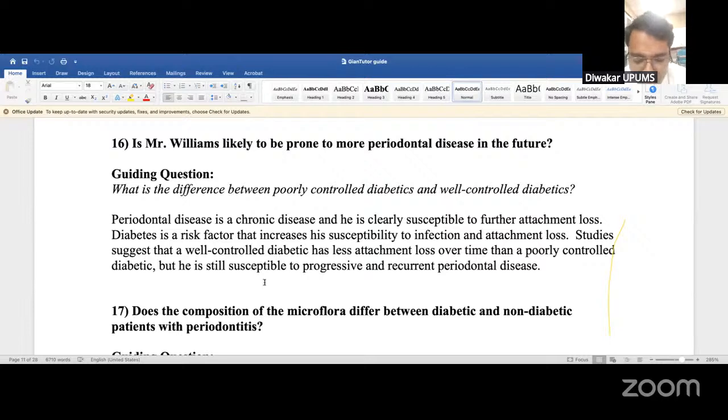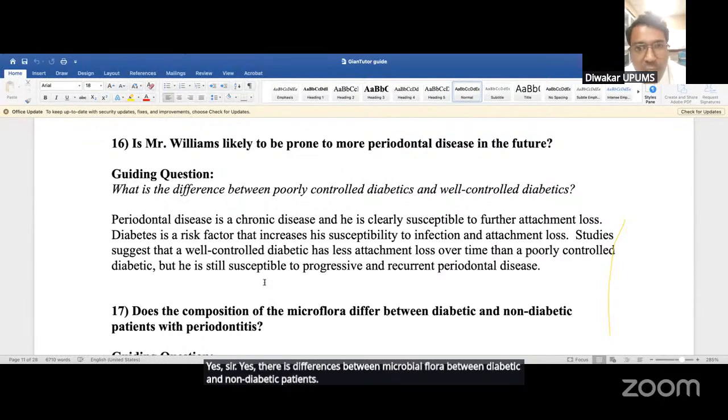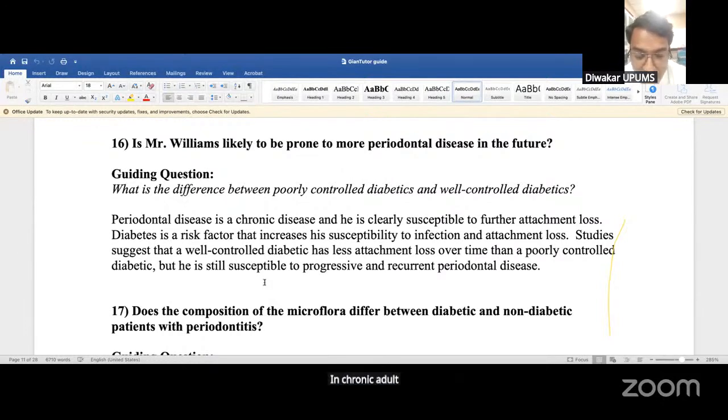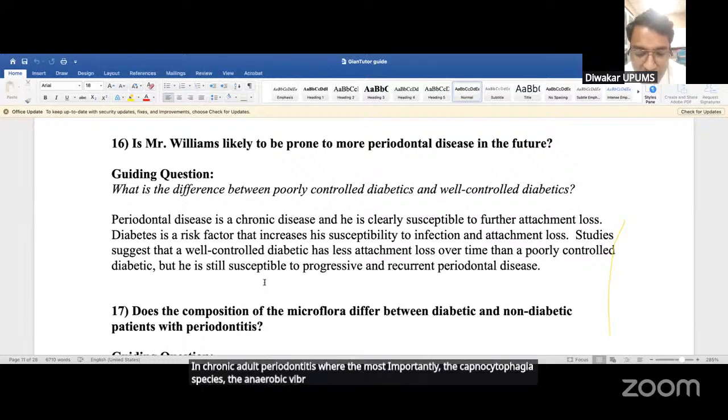Yes, there are differences between microbial flora in diabetic and non-diabetic patients with chronic adult periodontitis, where most importantly the Capnocytophaga species, the anaerobic Vibrios and Actinomyces species are more seen in these diabetic patients.